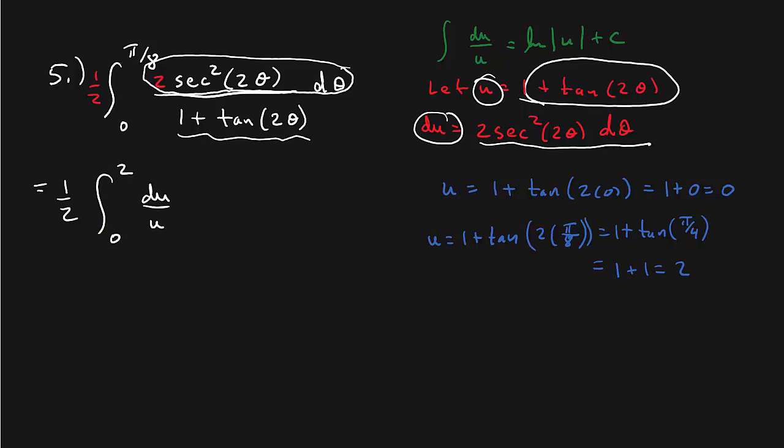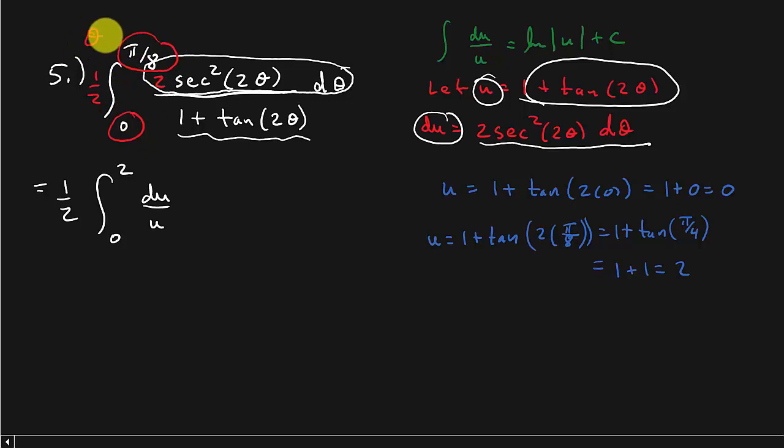All right, so let's talk about that. Well, remember, this is in terms of theta. And I've got to get it in terms of u. Well, what does u equal? U is equal to 1 plus tangent 2 theta.